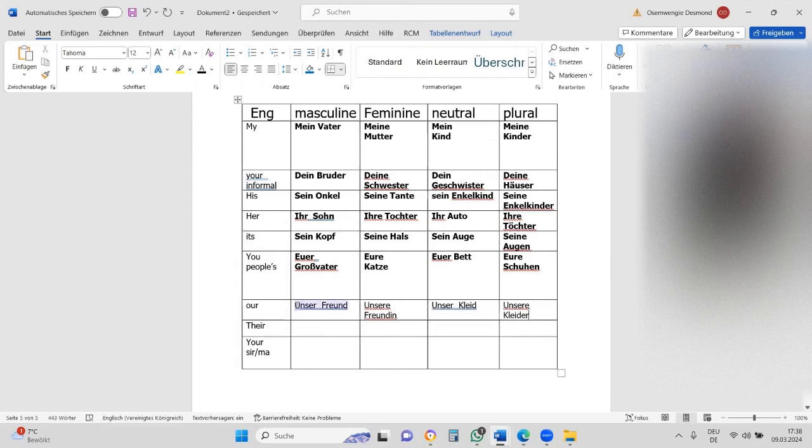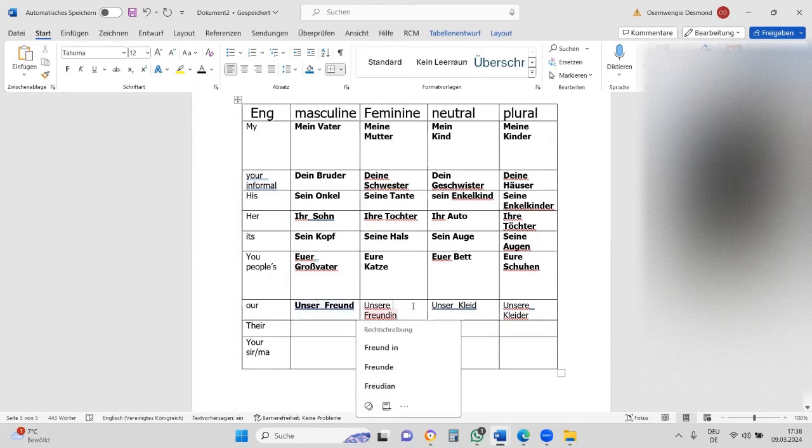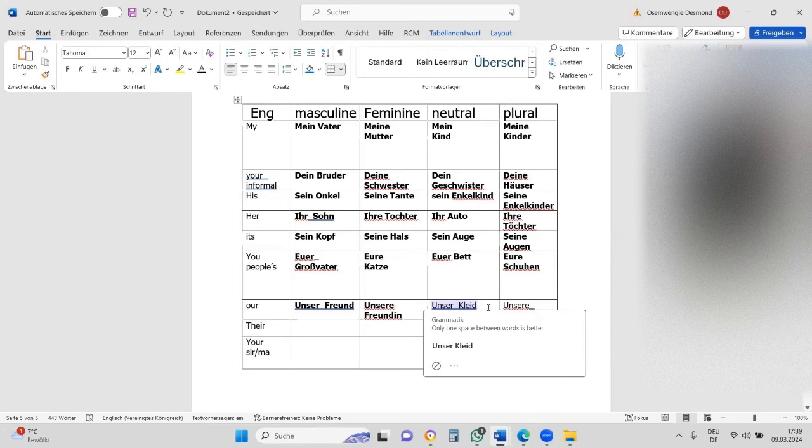So let's take it again. Unser Freund. Then if what you possess is feminine, please use unsere to refer to what we're talking about. Unsere Freundin. Freundin is feminine. Then Kleid means cloth.